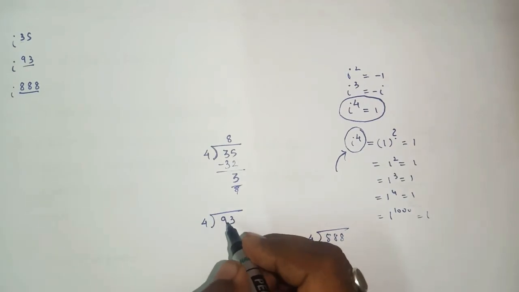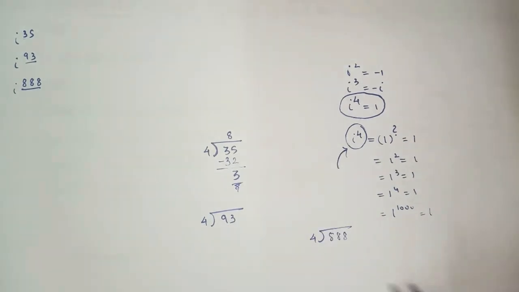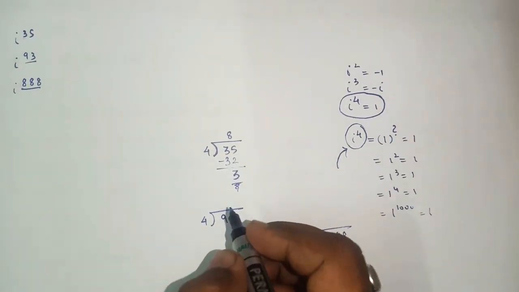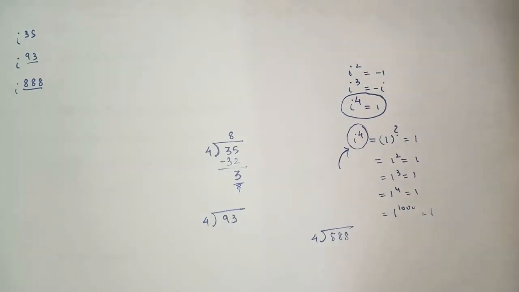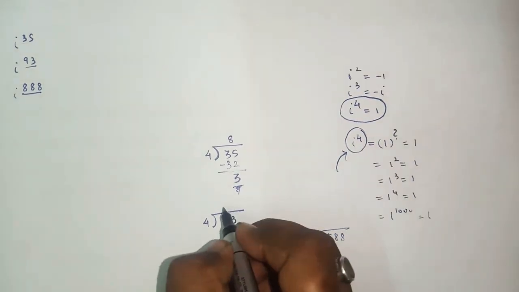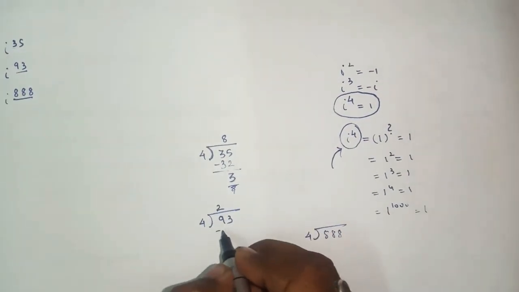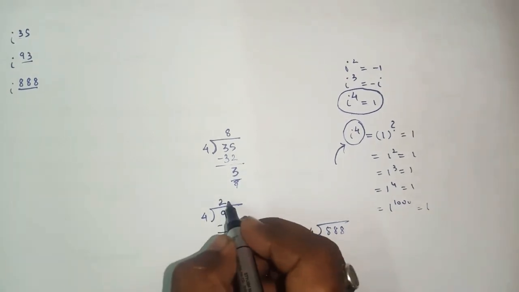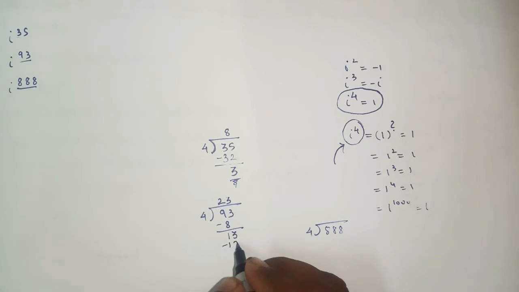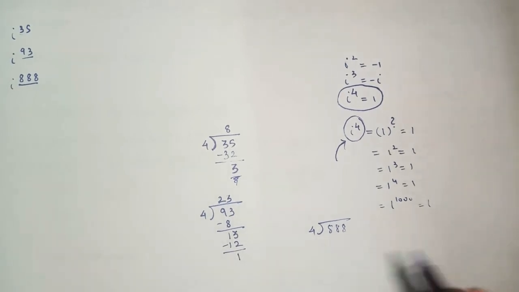Now, 93 divided by 4. 4 2s are 8, so 1. So here we'll write 3. 4 3s are 12, so here we are left with 1.